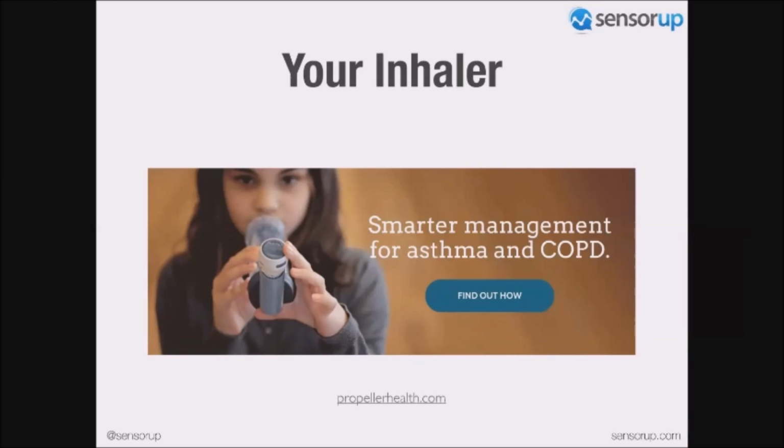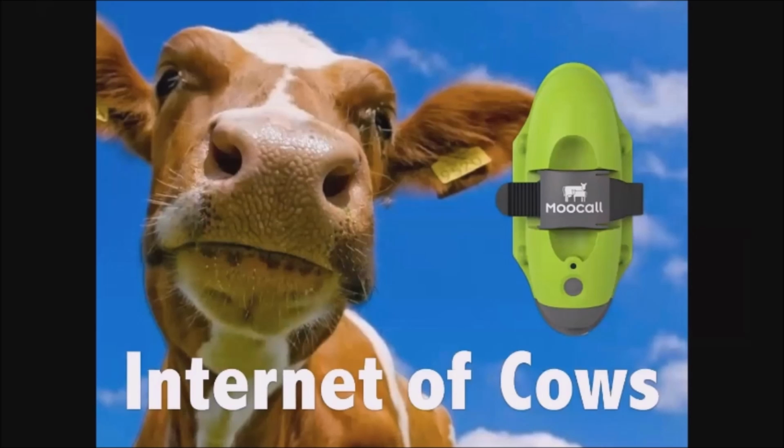Another example of quantify, and then you can optimize. Even cows: this is called Moocall, and if you Google Internet of Cows, you get a lot of players trying to innovate in this space. There are many cow sensors out there to improve cow health and also improve productivity.